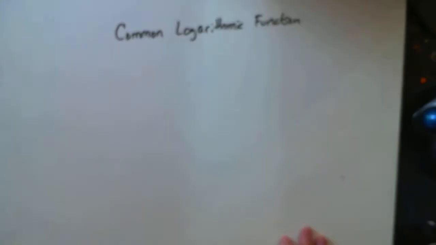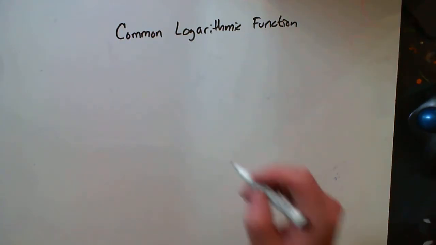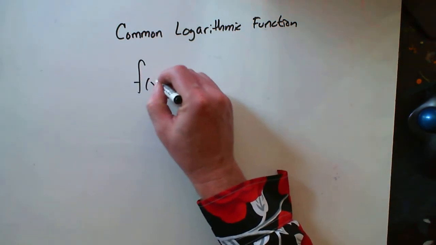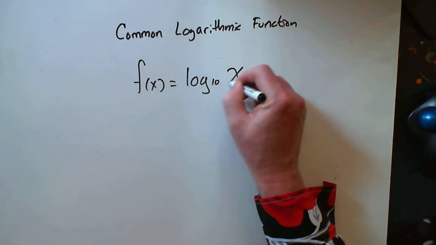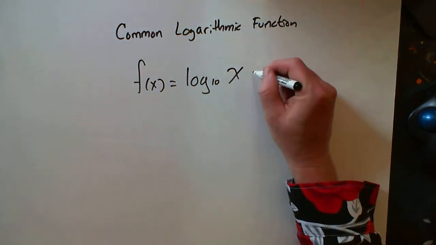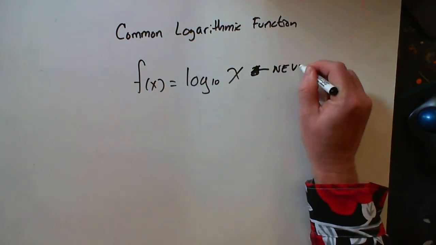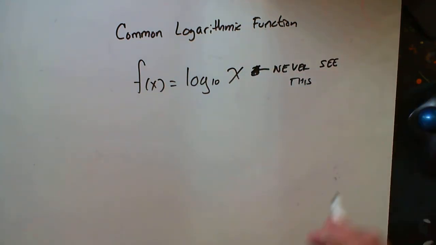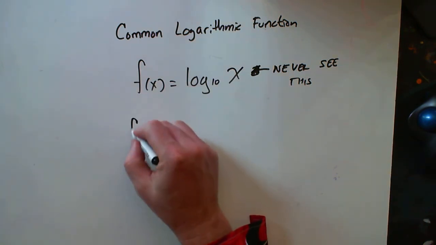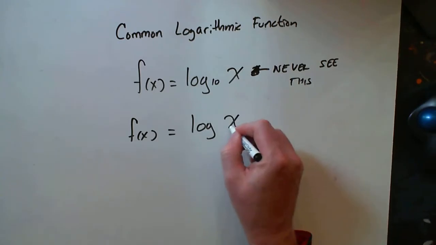The common logarithmic function is the logarithmic function that has a base of 10. So f of x equals log base 10 of x. You will never see this. What you will see is f of x equals log x.